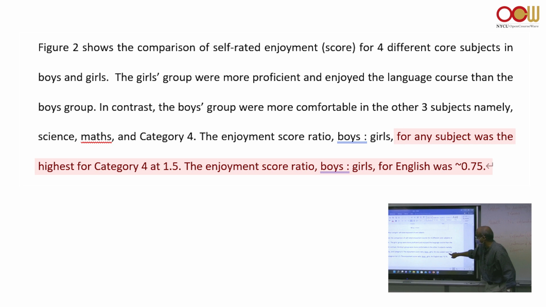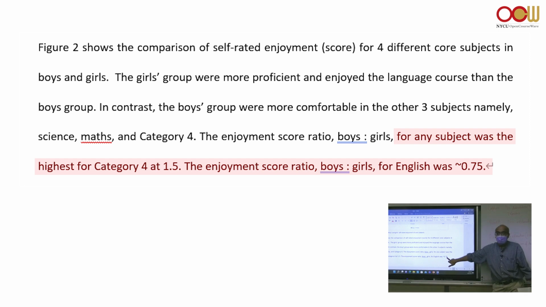For any subject, it was the highest for category 4 at 1.5. The enjoyment score ratio for boys is to girls for English was less than 1. I'm trying to bring in the contrast. So for all the other 3 subjects, the boys enjoyed more, so boys is to girls will be more than 1. However, for English, it's less than 1.